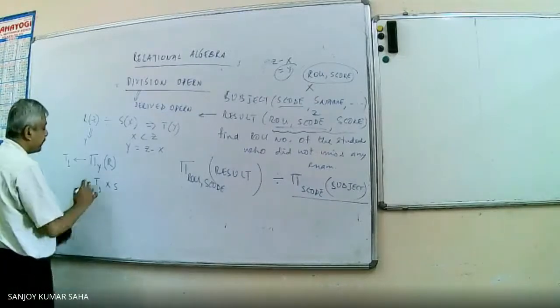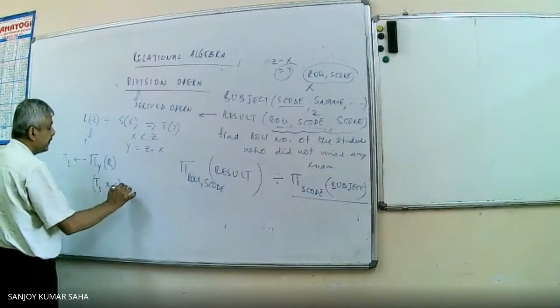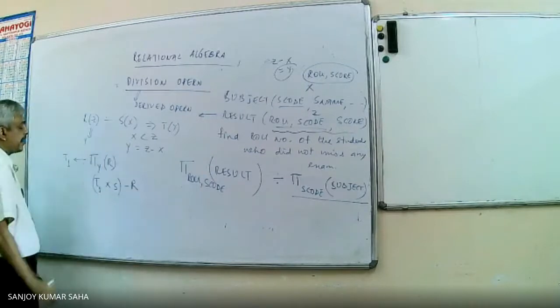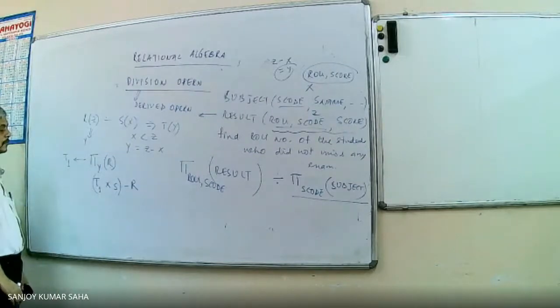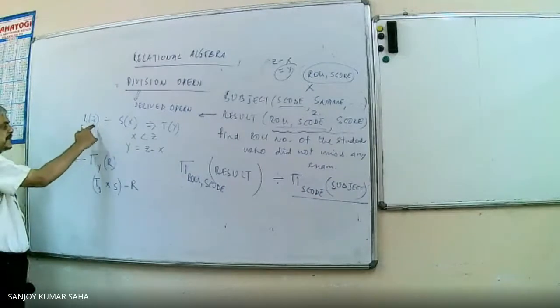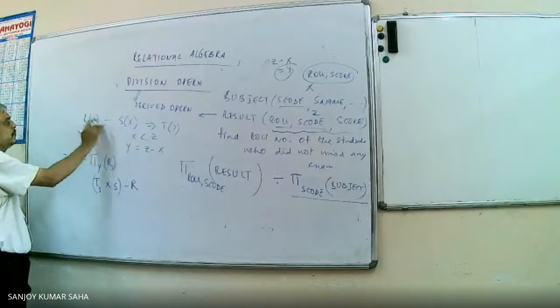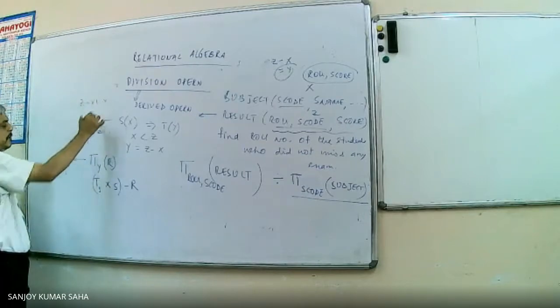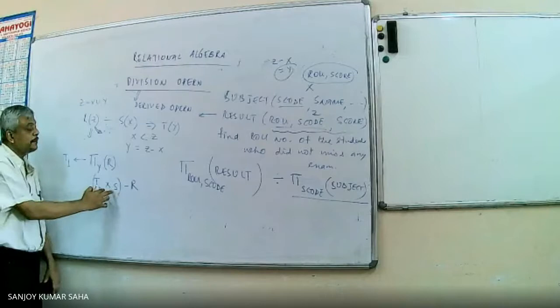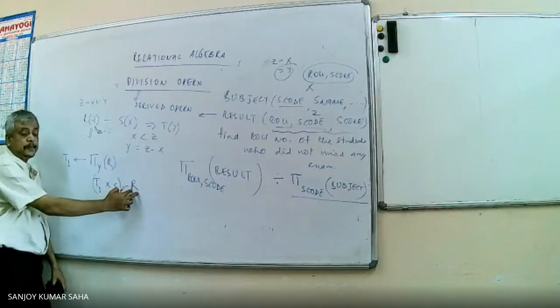Now from these, if we subtract R, what is the schema? Here the schema is nothing but Z equals X union Y. That means which xy combinations are present.